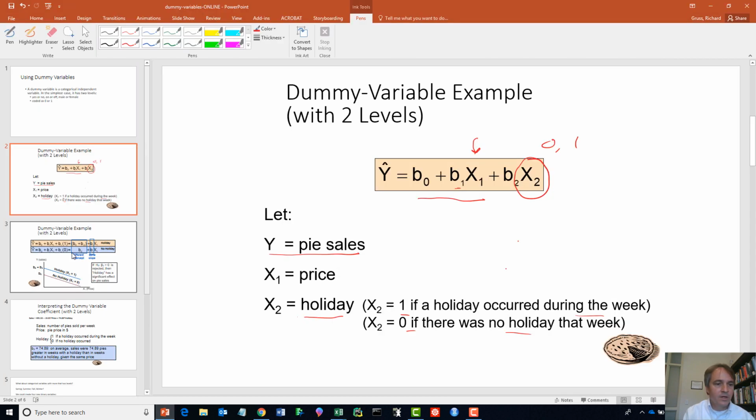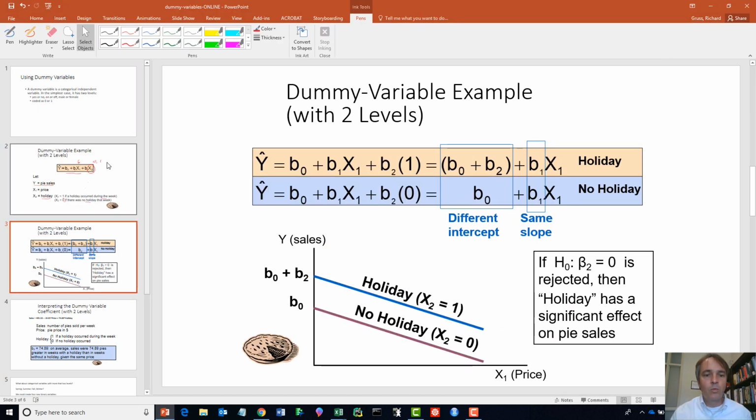All right. So, but let's think about what it means when a variable only has two levels. It can only be a 0 or a 1. Our estimate of our case, the pie sales, is going to be, we've got that intercept, and then we've got our continuous x variable here, and then this is the estimate that would result when this holiday variable is equal to 1, right?